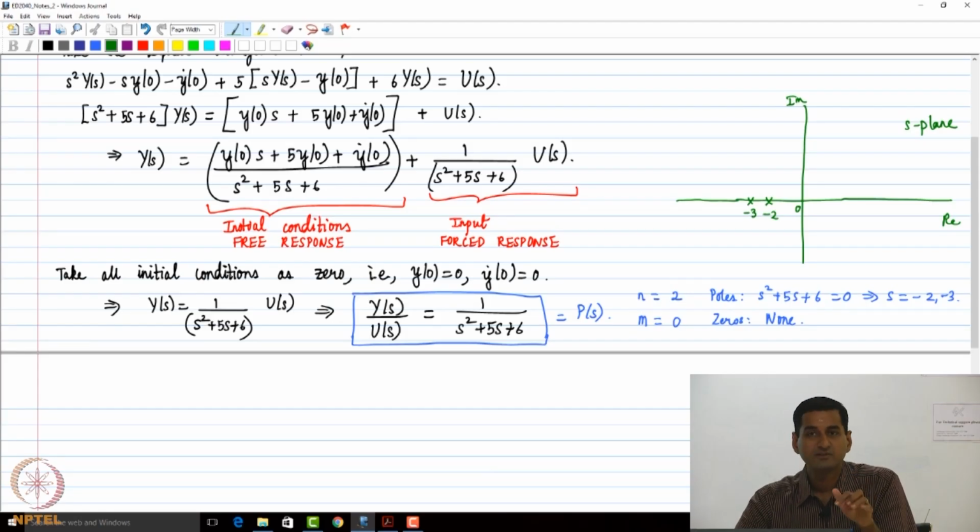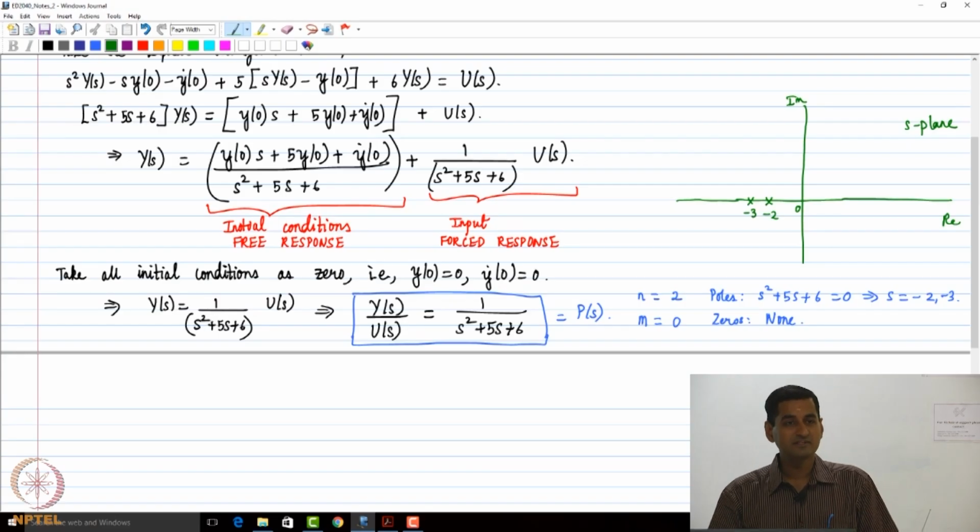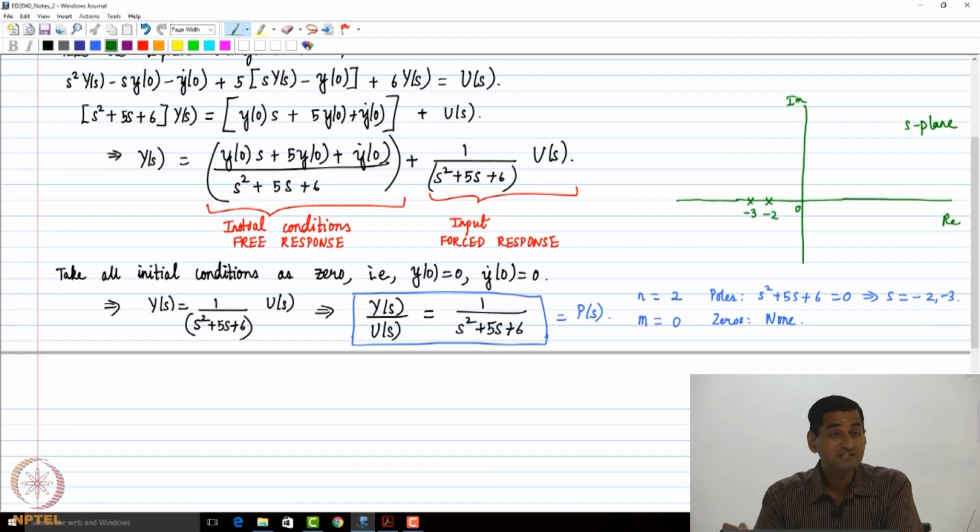So this S-plane is used to indicate the locations of the poles and zeros of the transfer function. The poles in this problem are at minus 2 and minus 3.